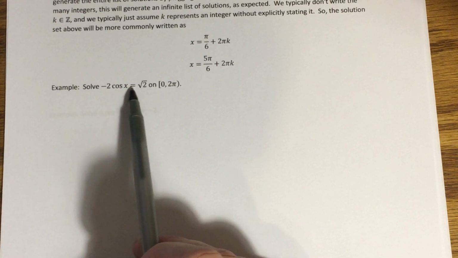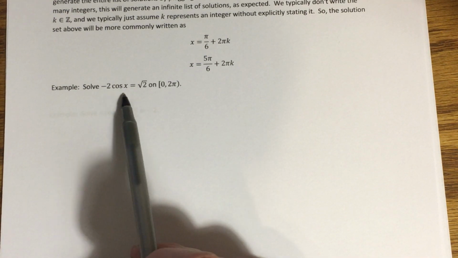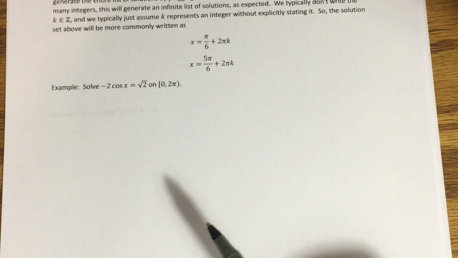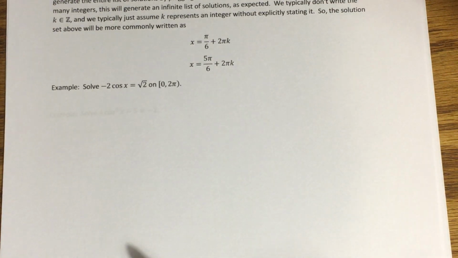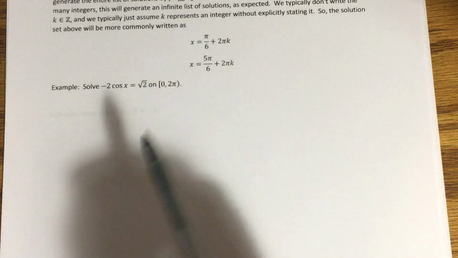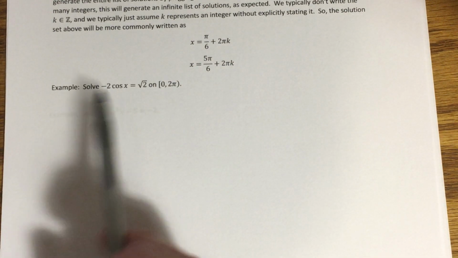Now, in an example like this where I only have one trigonometric function and it's not raised to any powers or anything, this is very similar to how you solve a linear equation in algebra, but we're going to think of cosine of x initially as our variable. So I'm going to try and isolate that cosine of x.